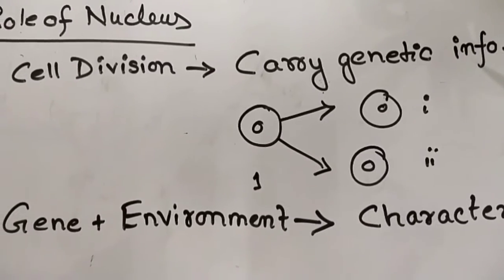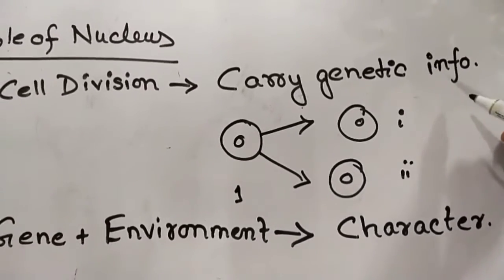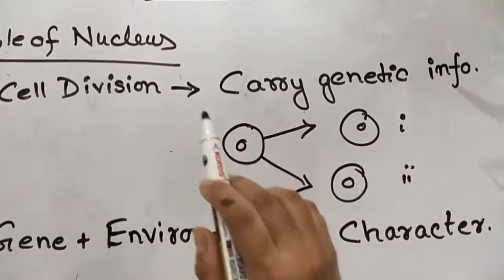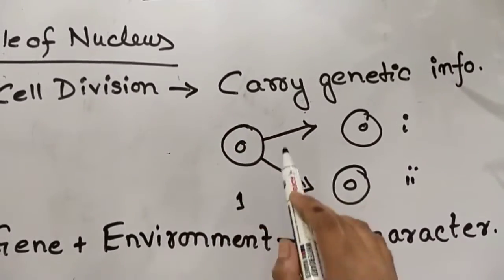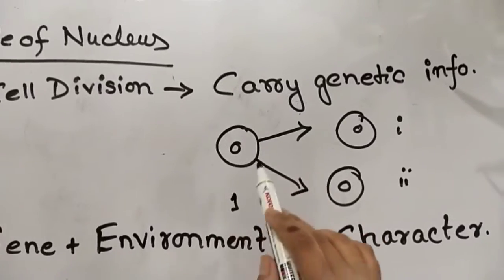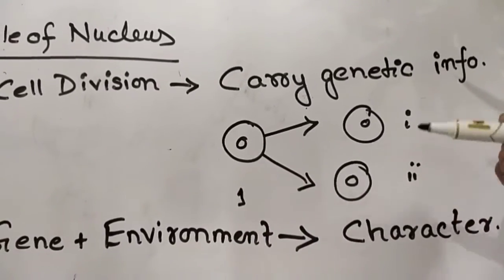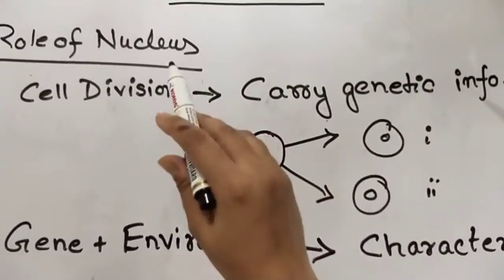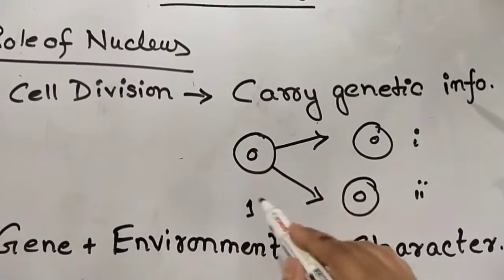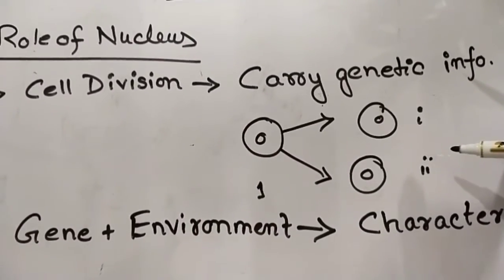So it contains the genetic information, and it is also the nucleus that finally does the cell division. That is, from one cell we will get two new cells, and the nucleus is mainly responsible for the process of cell division.